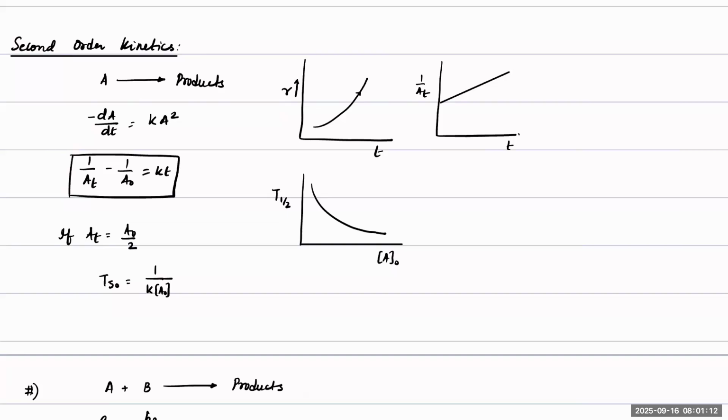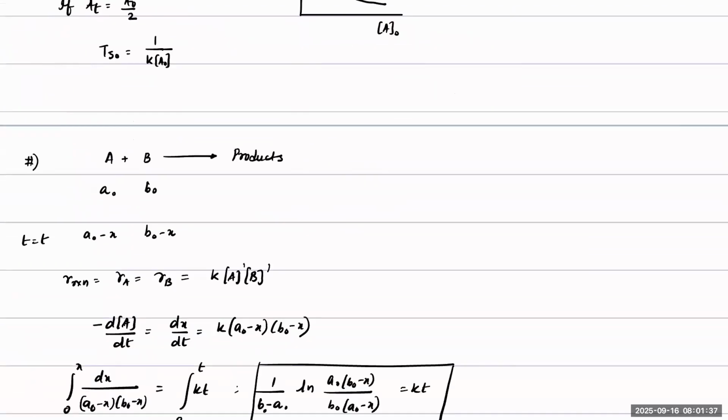At is equal to a naught by 2, so t50 is equal to 1 by k into a naught. And check out the half life. Half life will only decrease here because you can see it is inversely proportional to the initial concentration.